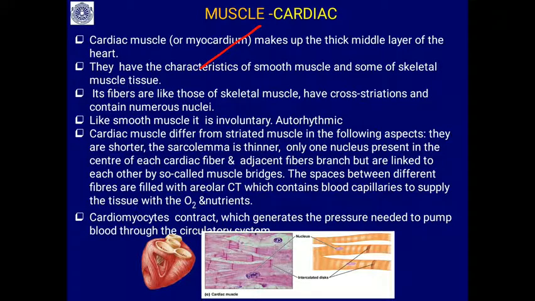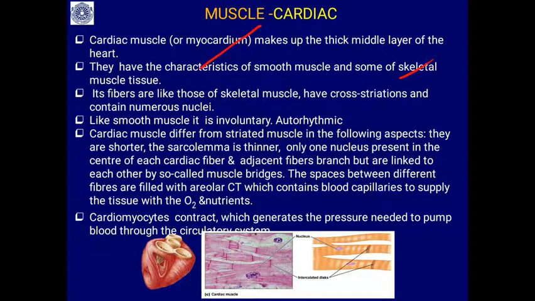You know that. They have some characteristics of smooth muscles, like involuntary contraction. So contraction is not controlled by the will of a person. The structure is like skeletal muscles.